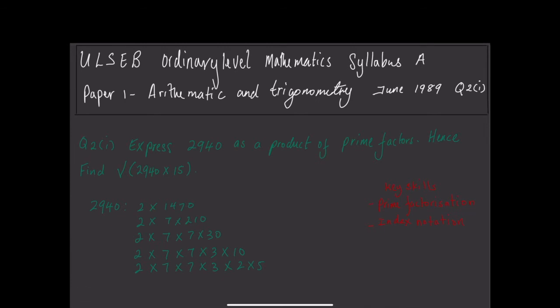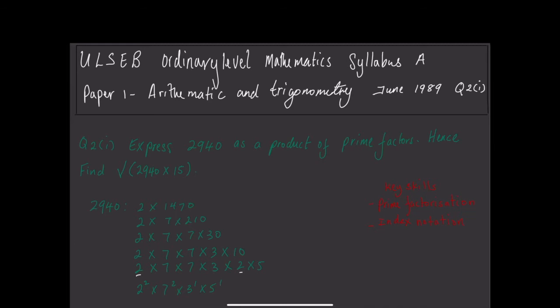So we've got 2 to the power of 2, times 7 to the power of 2, times 3 to the power of 1, times 5 to the power of 1.